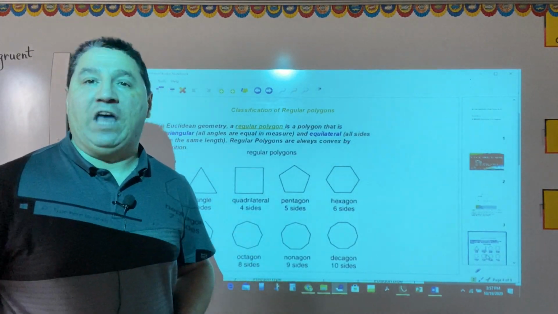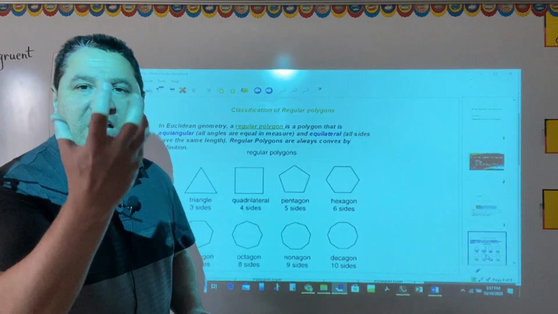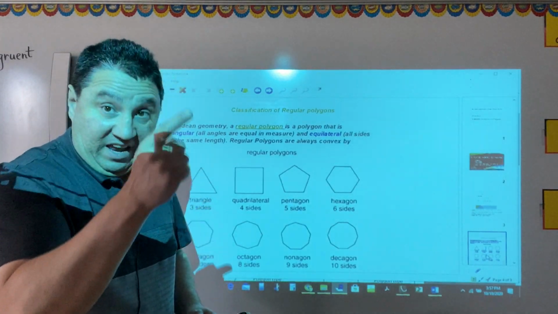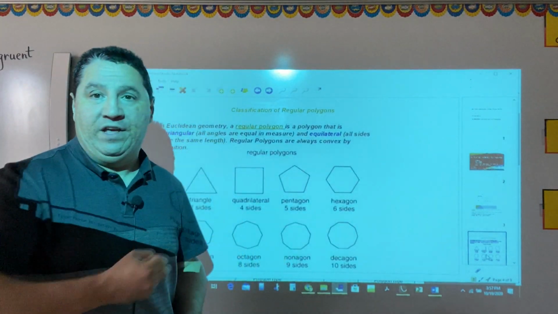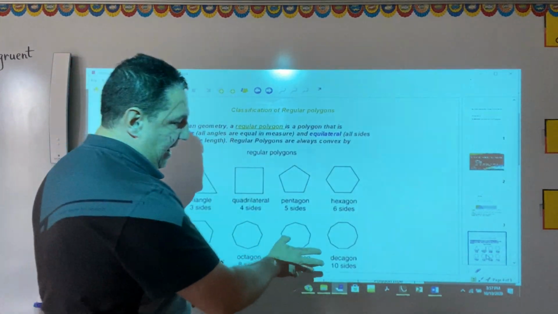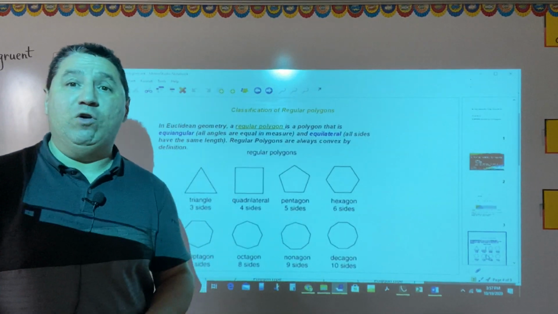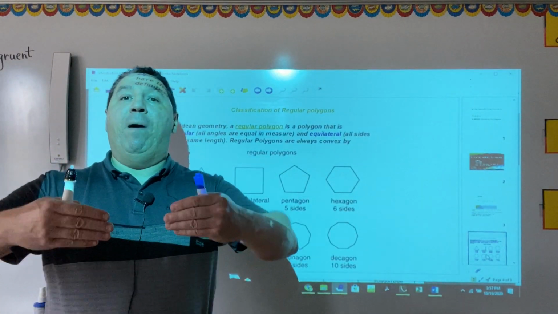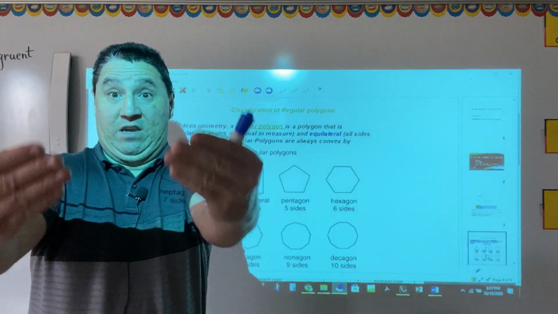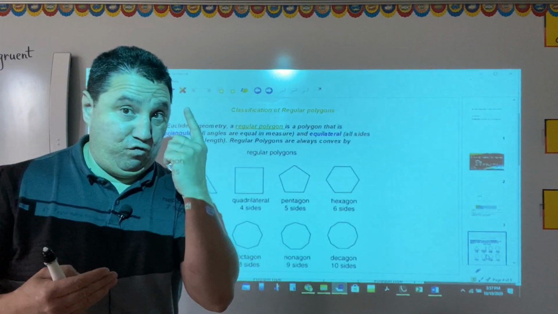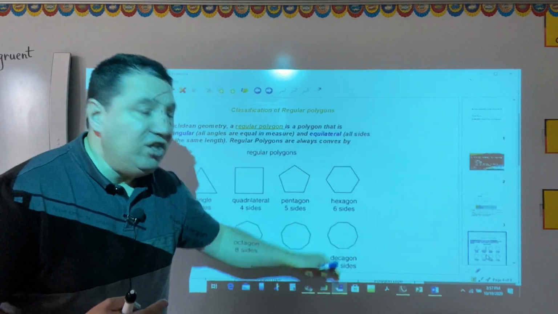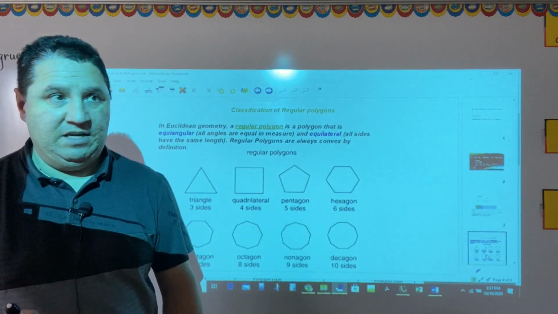Next is a nonagon, a polygon consisting of 9 congruent sides and 9 congruent angles. Next, decagon. Decagon means a polygon consisting of 10 equal sides, but that's for a regular one, and 10 congruent angles.